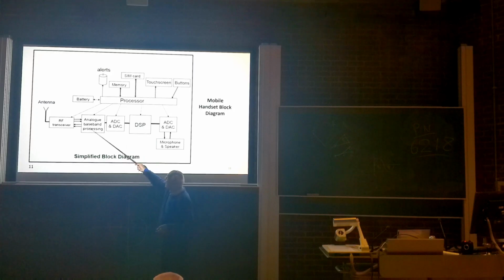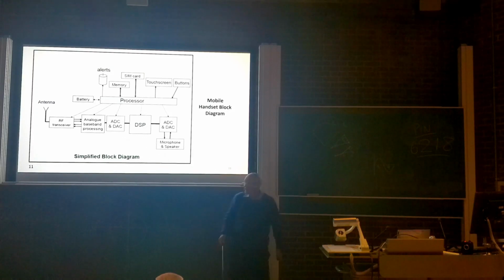So you then have analog baseband processing. You translate down to a baseband, and then you have an analog to digital converter and a digital to analog converter, going that way and here. So the digits go into the digital signal processing, DSP, and out.